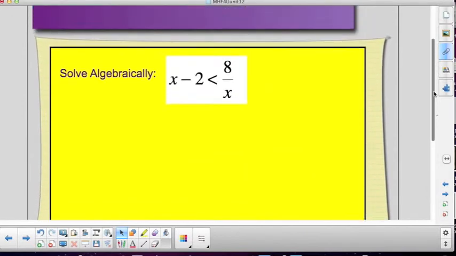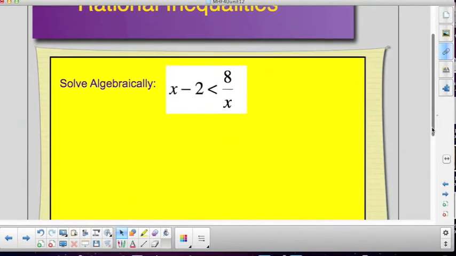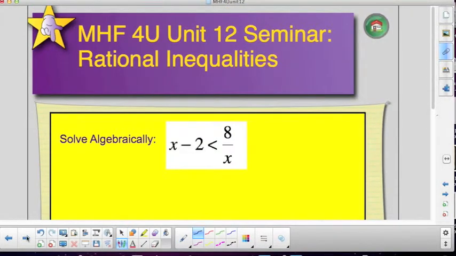x minus 2 is less than 8 over x. So first of all, I am going to solve by bringing everything over to one side. Okay, so x minus 2 minus 8 over x is less than 0. First step.